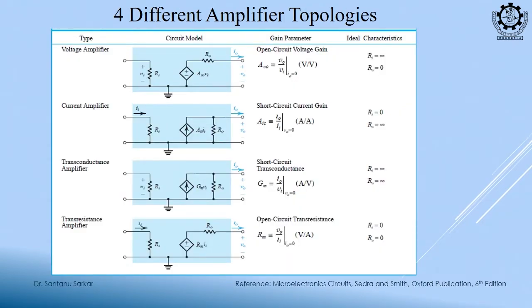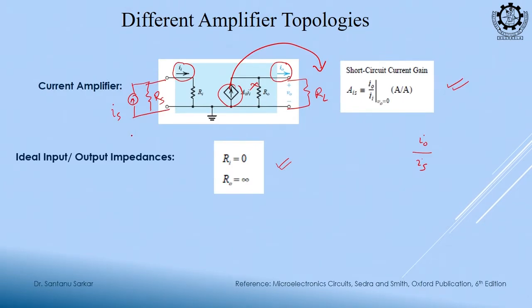Apart from current and voltage amplifier, how many other amplifiers can there be? If you see this, input side is current, output side is also current. So, both sides current, it is a current amplifier; both sides voltage, it is a voltage amplifier. And how can the others be? I to V and V to I, right.